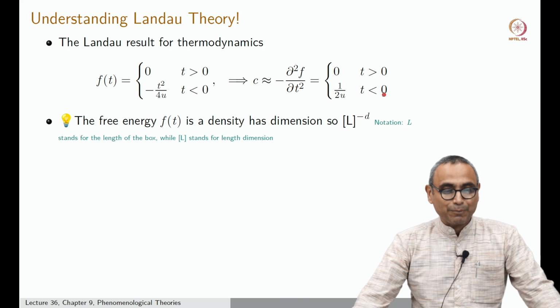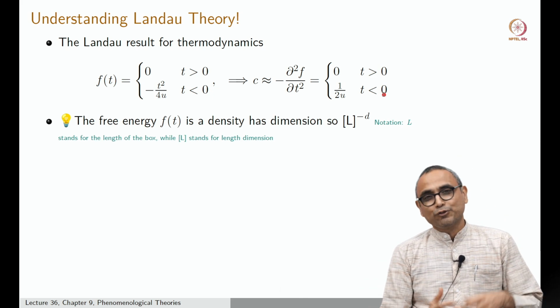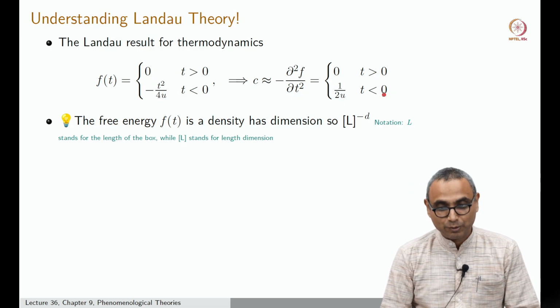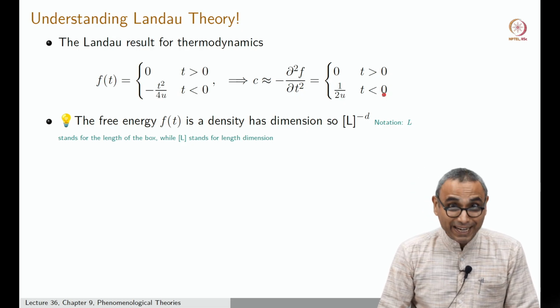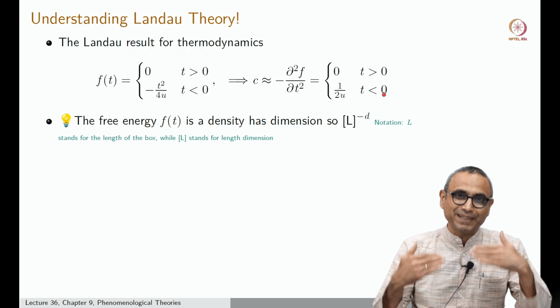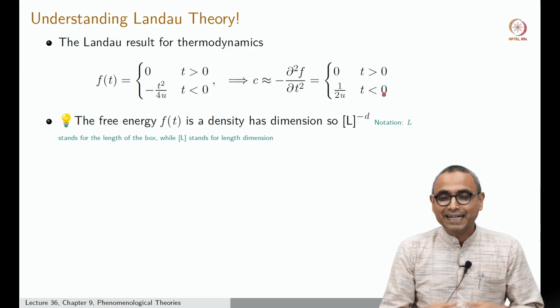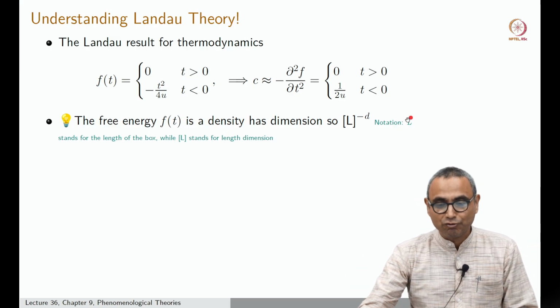So let us first think about some dimensional considerations. If you think of the free energy density we wrote down, the way we have constructed the theory, the free energy density will be simply a density, as we have emphasized throughout. Density has dimensions of 1 by length to the power minus d.